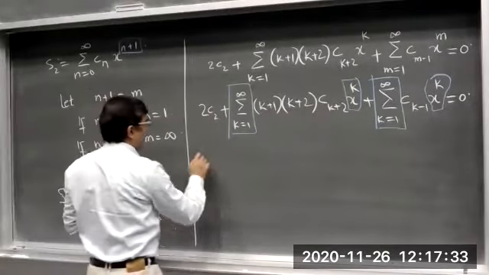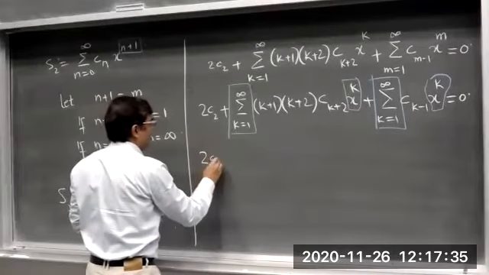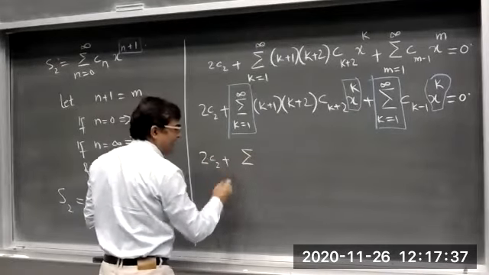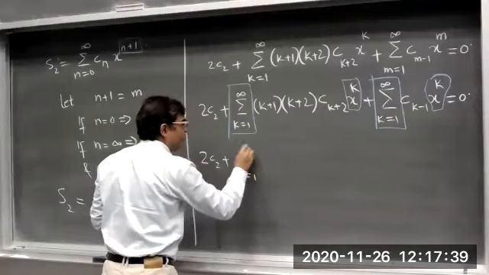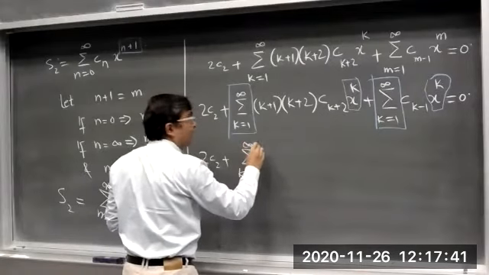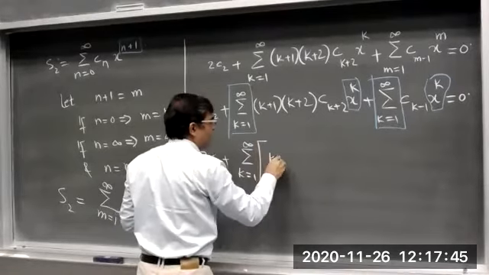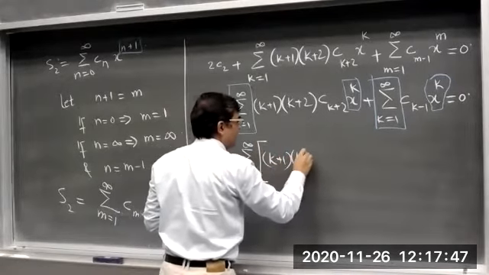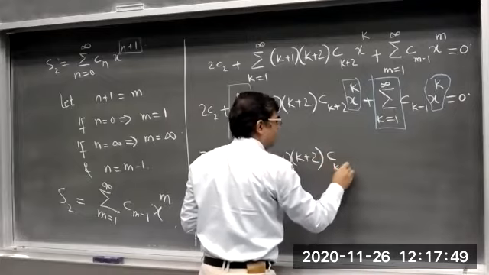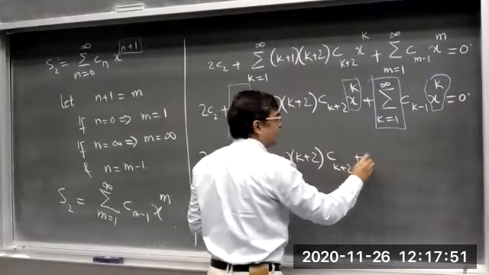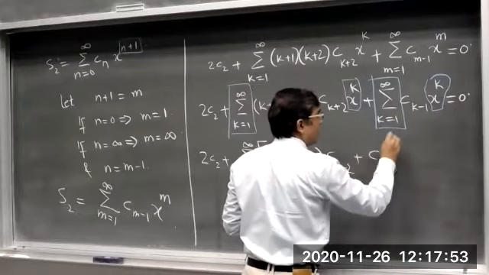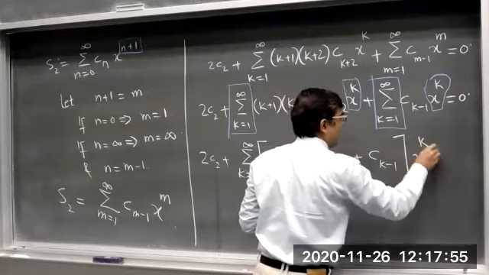So now we can write 2c2 plus, taking common summation k from 1 to infinity, and then k plus 1, k plus 2, c k plus 2 plus c k minus 1 times x power k equal to 0.